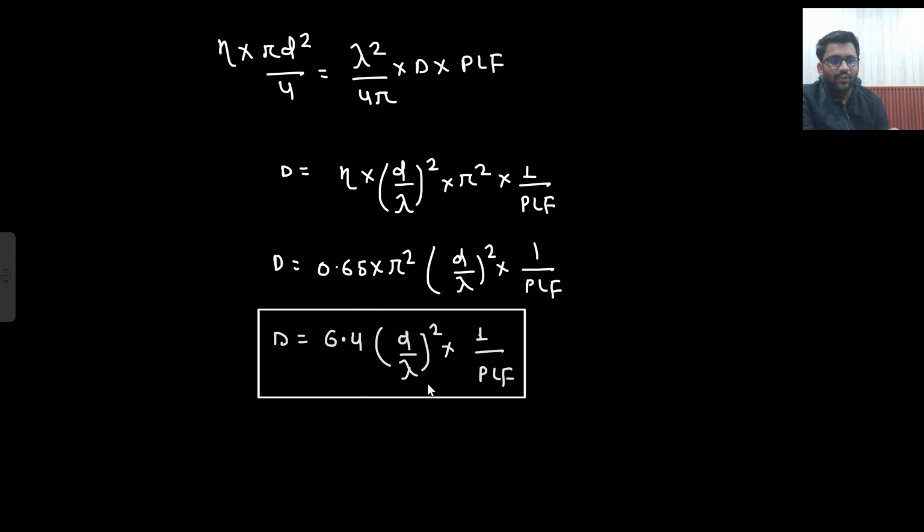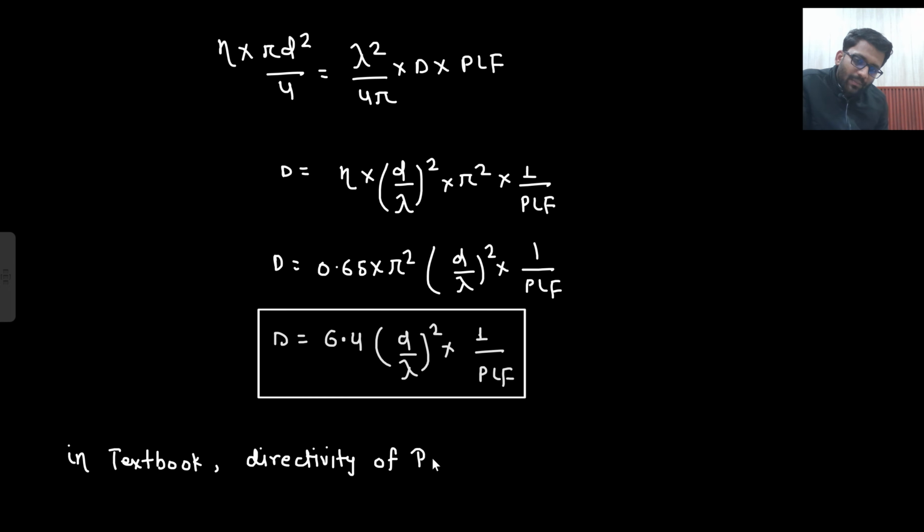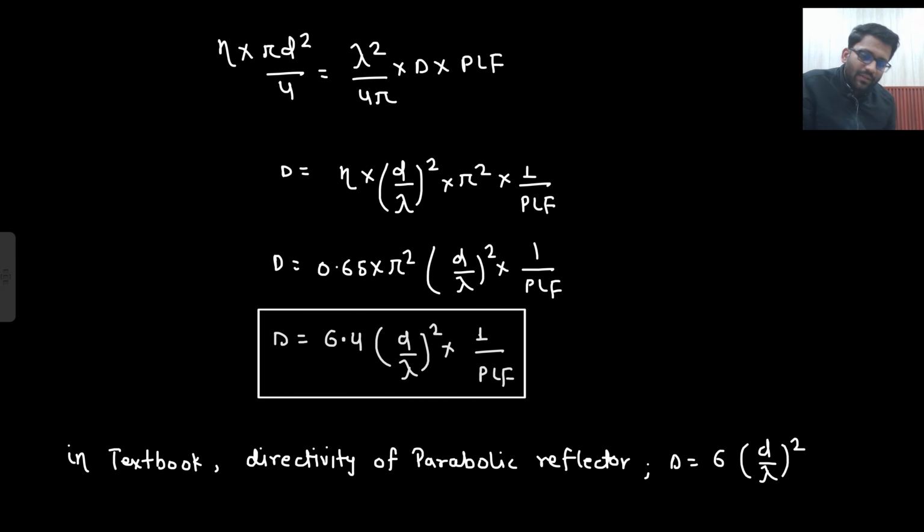Now sometimes in the textbook you will find a statement. Which statement will you find? Directivity of a parabolic reflector, that is D equals 6 into d by lambda whole square.